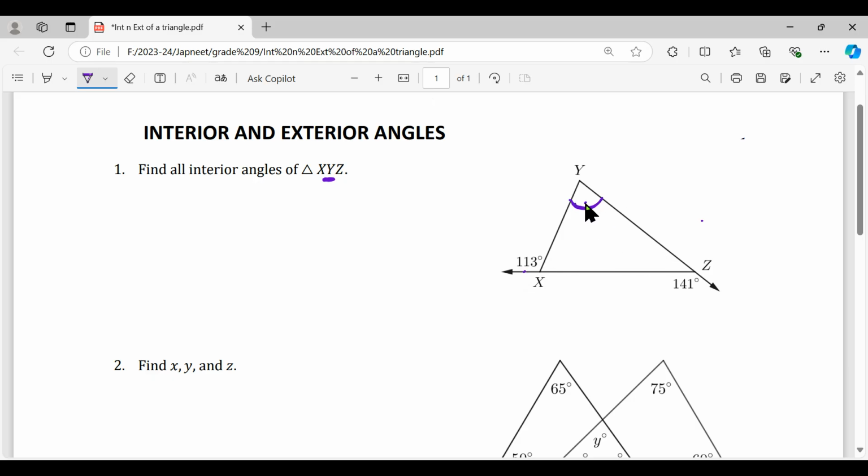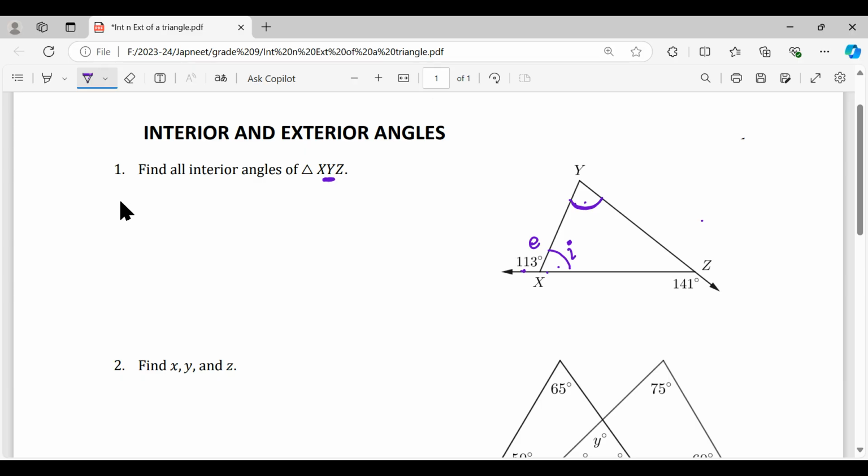To find this angle, what we can do is we can find one interior angle here. So you know that the sum of a linear pair of angles is 180 degrees. So this external angle plus this internal angle will form 180 degrees.